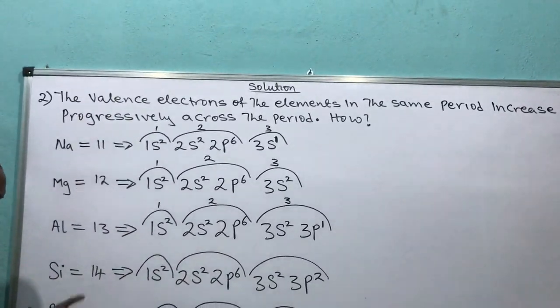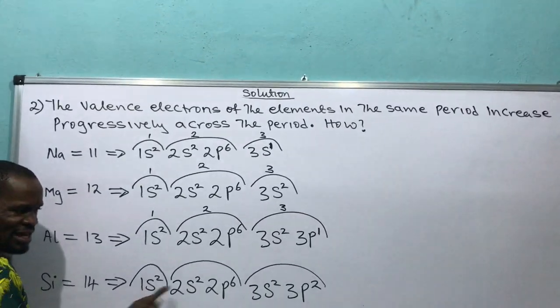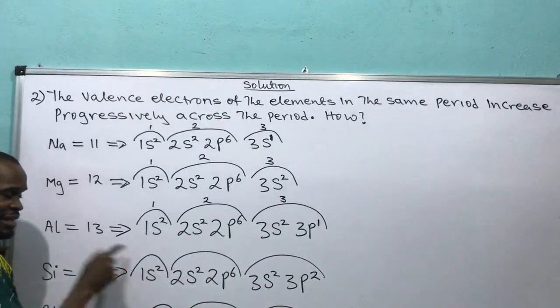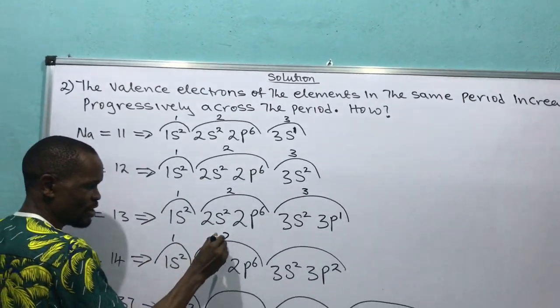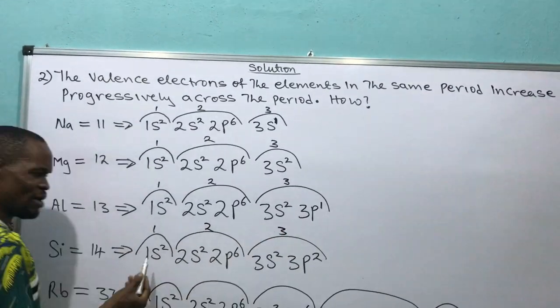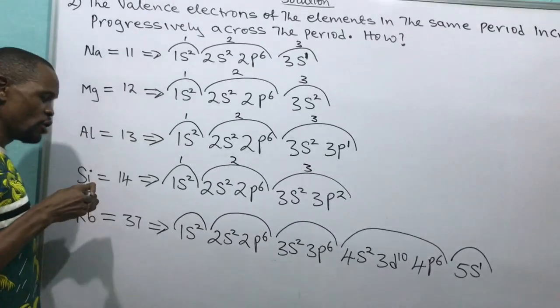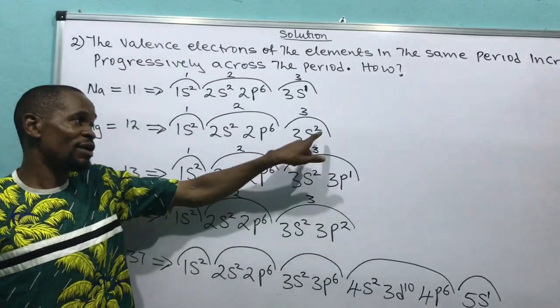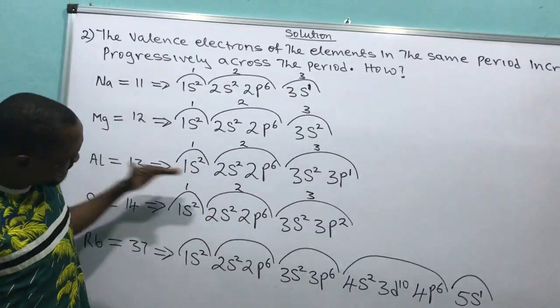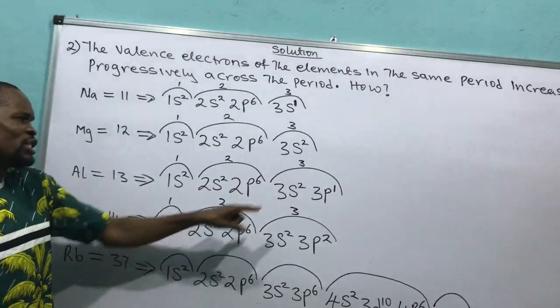Looking at silicon, we say 14, and we have this, and this, and this. This is the first period, second period, and third period. Look at the electrons in the last period. You said 2 plus 2 giving me what? 4. And this one is 3. This one is 2. This one is 1. And they're in the same period, which is period 3.